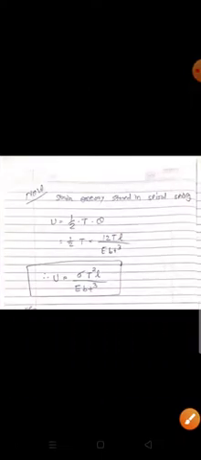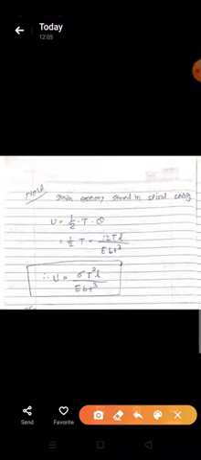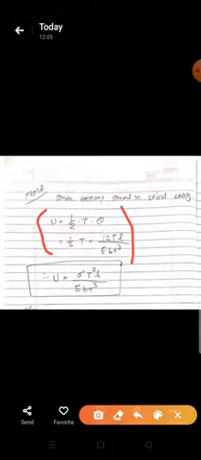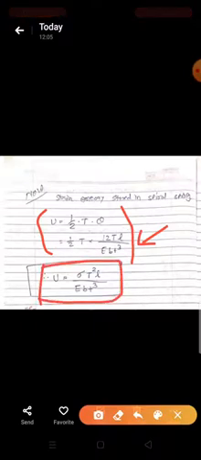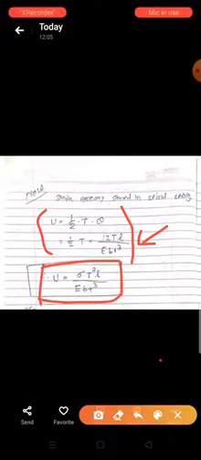Now the strain energy stored in the spiral spring is U is equal to half T into theta, and putting the value of theta, we get U is equal to 6 T square L upon E b t cube. So this is the design of the spiral spring. Thank you.